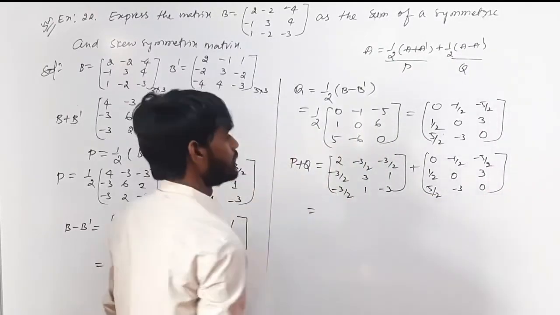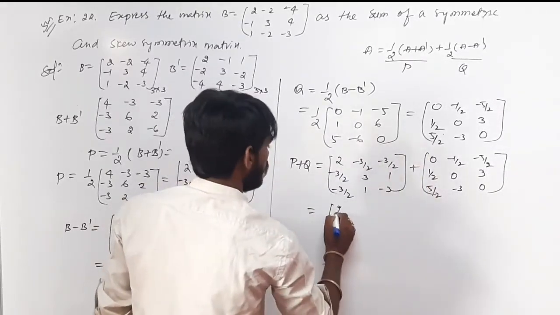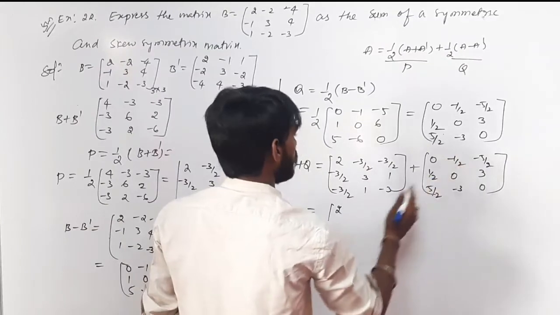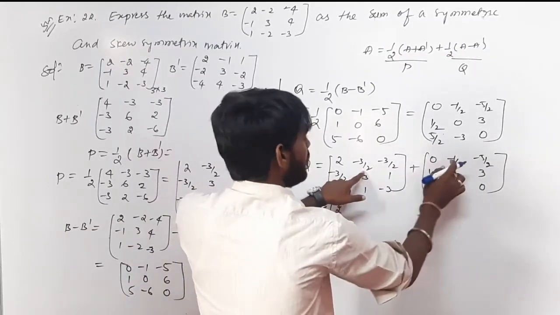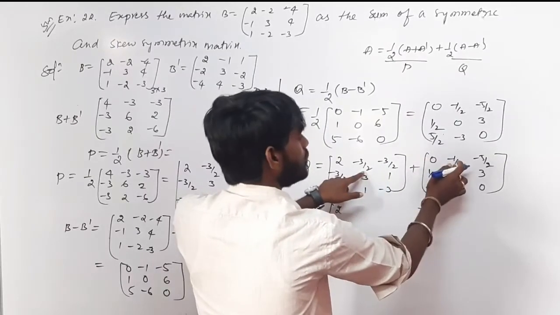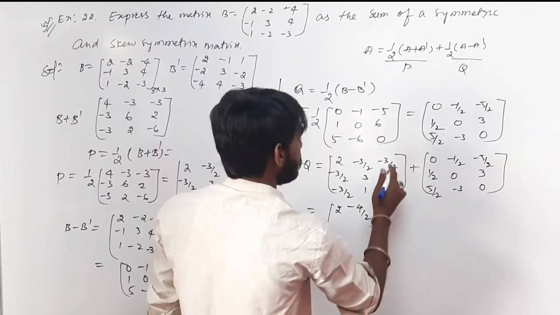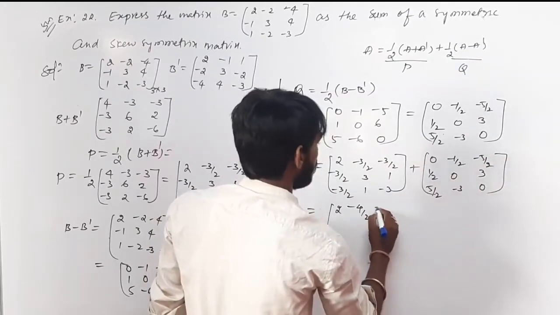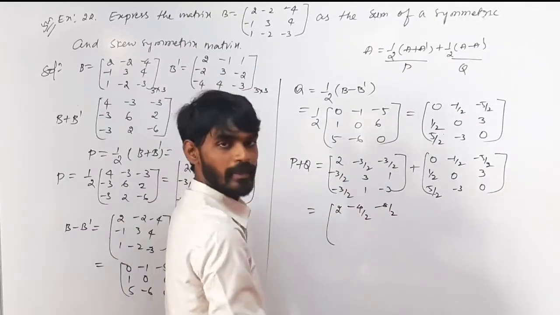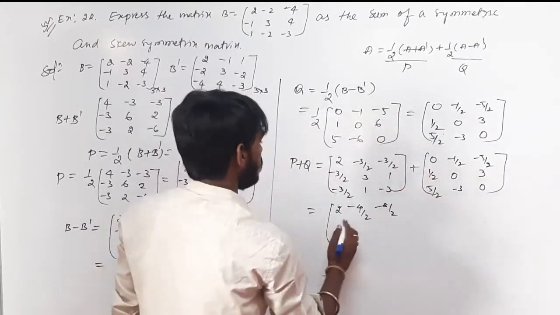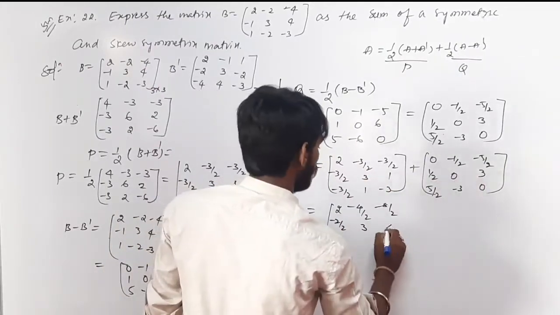So now we can add these two matrices, the order will be the same. So 2 plus 0 will be 2, minus 3 by 2 plus 1 by 2. These terms have the same denominator, so you can just add the numerators, that is minus 4 by 2, minus 4 by 2, minus 3 by 2 minus 5 by 2 is minus 8 by 2. Minus 2 plus 1 by 2 is minus 2 by 2. 3. 1 plus 3 is 4.